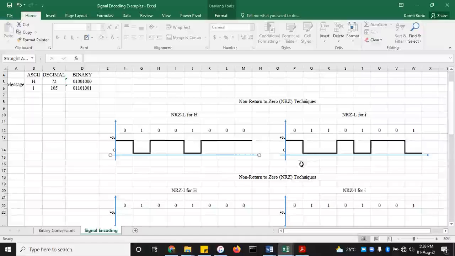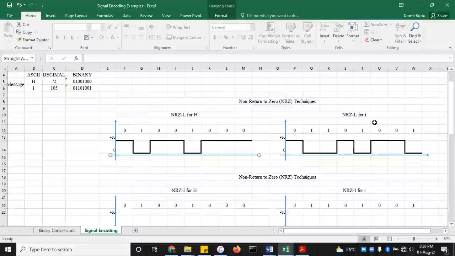Okay, so I hope everybody got how I arrived at some of these things. I'm just applying the rules of non-return to zero level, which states that when a bit is in an off state, you have a high voltage pulse. When it's an on state, you have a low voltage pulse. So obviously zeros are going to be high, ones are going to be what? Low. So you have high, low, high, high, low, high, high, high, because there are zeros here.